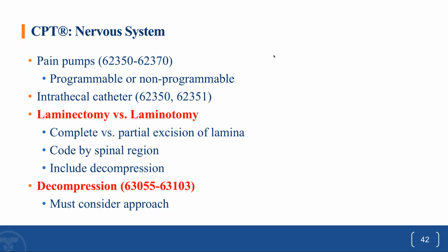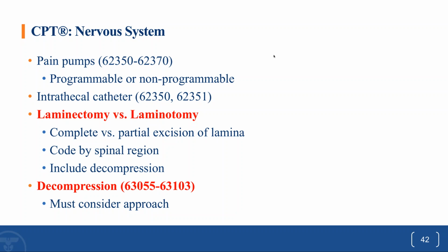So you got to make sure you highlight those body regions, and you also highlight the main term, which is laminectomy, for that range of codes. Laminectomy. So laminectomy means they're excising, right? E is for excision.